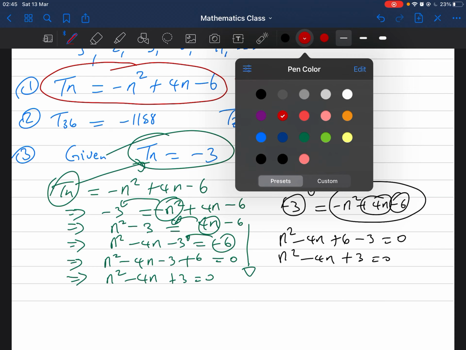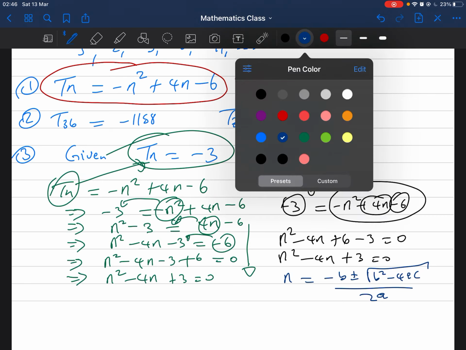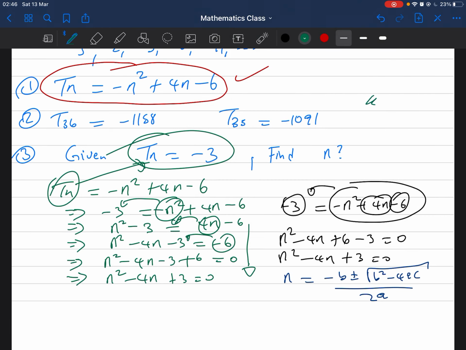It works like this: n is equal to minus b plus or minus the square root of b squared minus 4ac, divided by 2a. In this context, our a is 1, our b is -4, and our c is 3.